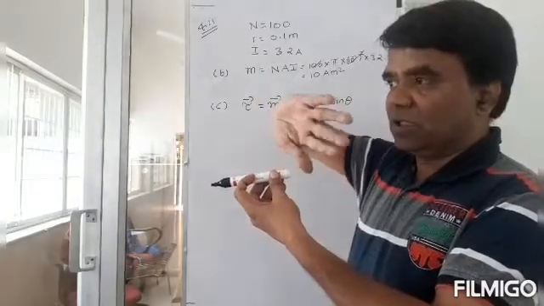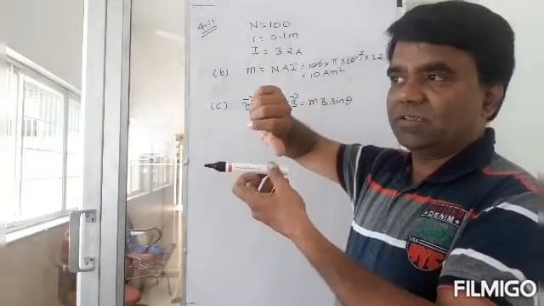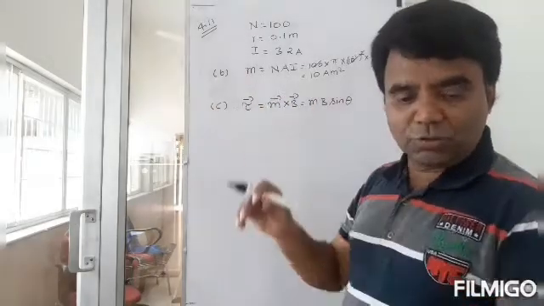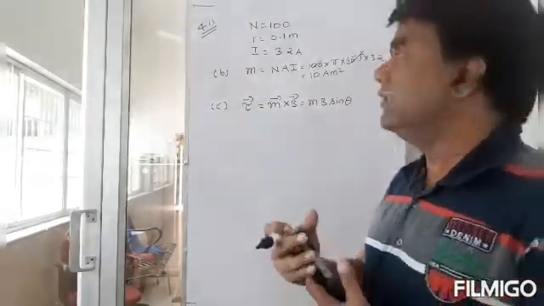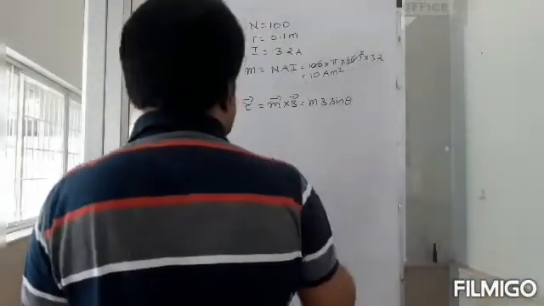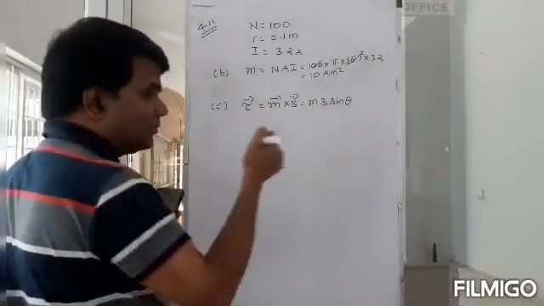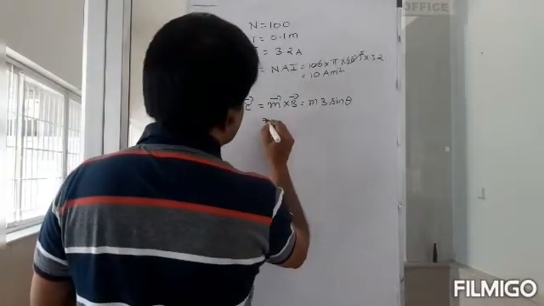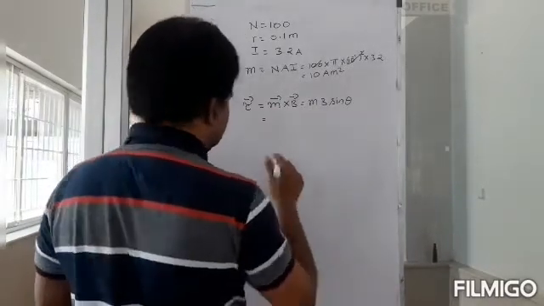So M cross B, it will start rotating about that axis, right? Initially the angle will be 90 degrees, and so the torque can be calculated like this.